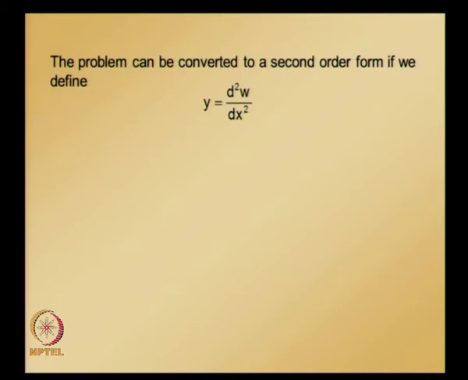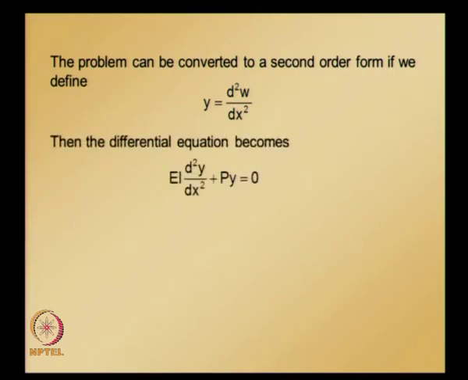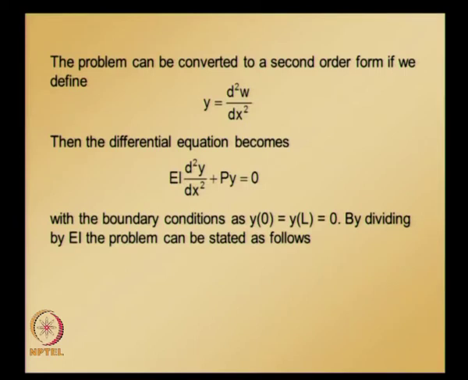Doing this substitution, the given differential equation can be rewritten in this manner, and the boundary conditions get modified, or the differential equation can also be rearranged and written in this manner, where boundary conditions are also indicated: y is equal to 0 both at x equal to 0 and x equal to L. So now we have the column buckling problem in the same form as the general one dimensional boundary value problem.